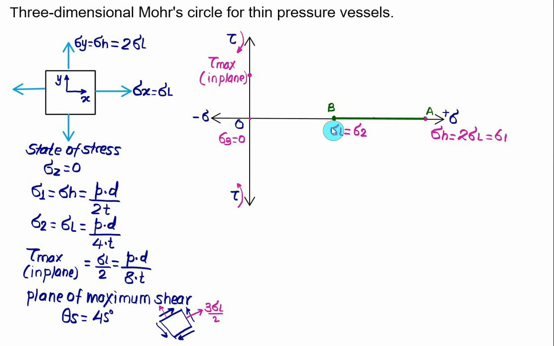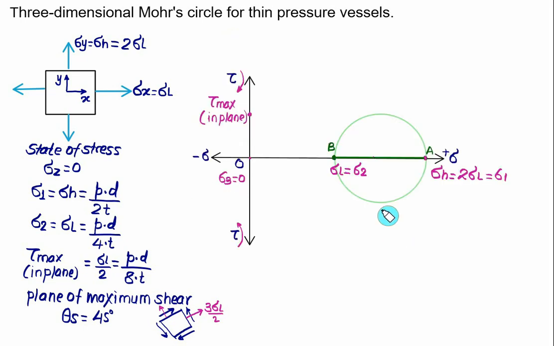So we can draw one more circle corresponding to sigma 1 and sigma 2. Now this distance is equal to sigma L, and this distance is also equal to sigma L. The second Mohr circle we can draw for sigma 2 and sigma 3, and the third Mohr circle we can draw for sigma 1 and sigma 3.